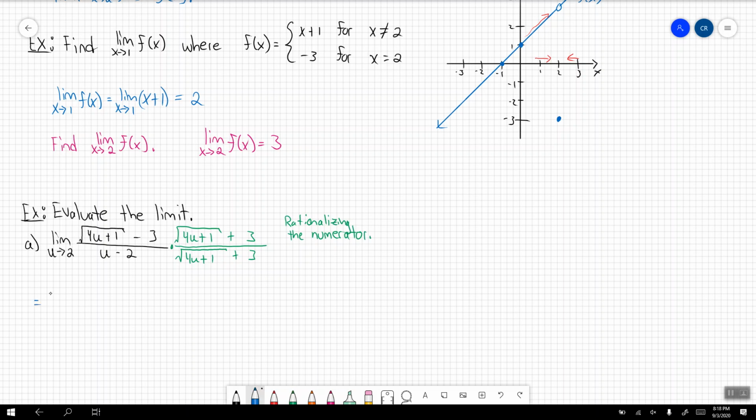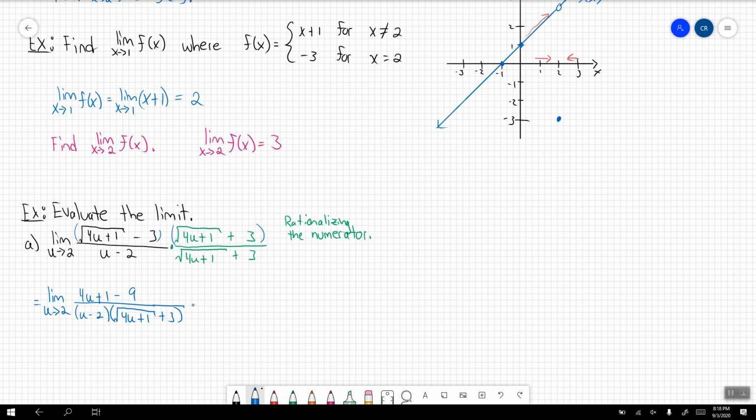So now, when we do this, we get the limit as u is approaching 2 for the function, and we multiply the numerators together here. Multiplying the numerators, notice it's a difference of squares. So when we multiply, we get 4u plus 1 minus 9, divided by the denominator, u minus 2 multiplied by the square root of 4u plus 1 plus 3.